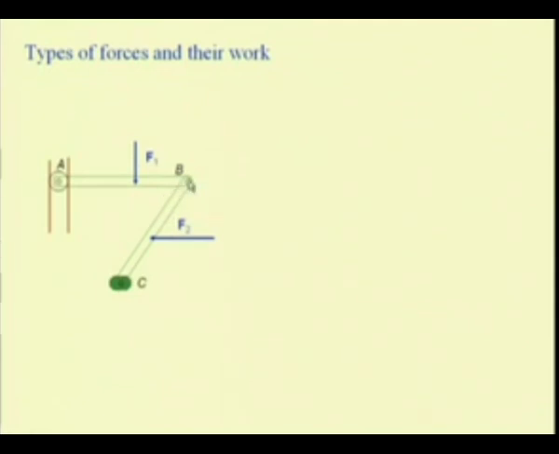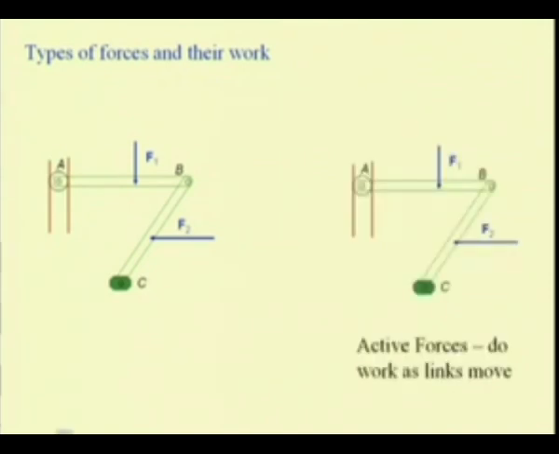Even though by our first analysis this member seems to be a two force member because it is connected at A and B, since this force F is acting not at the extremities, both these slender members, that is AB and CB, are not two force members. Let us now try to see the various kinds of forces that are occurring.